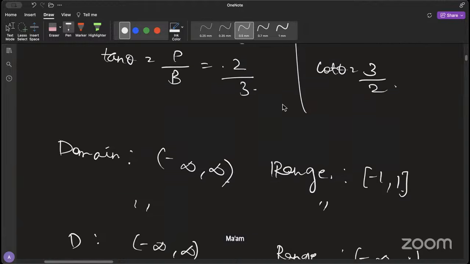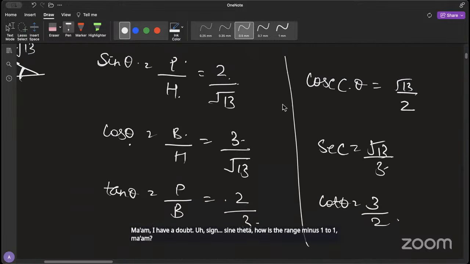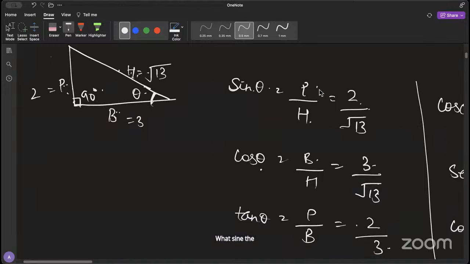Ma'am, I have a doubt. Sine theta, how is the range -1 to 1, ma'am? Sine theta is the ratio of perpendicular to the hypotenuse of a triangle whose angle is theta, right? Whose this angle is theta.